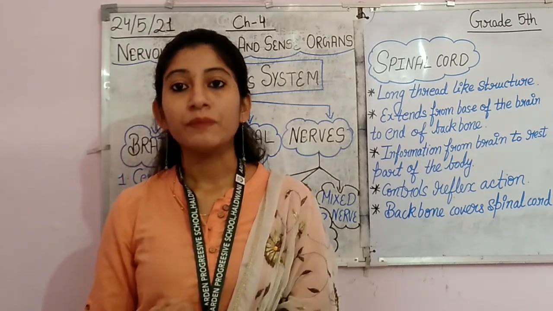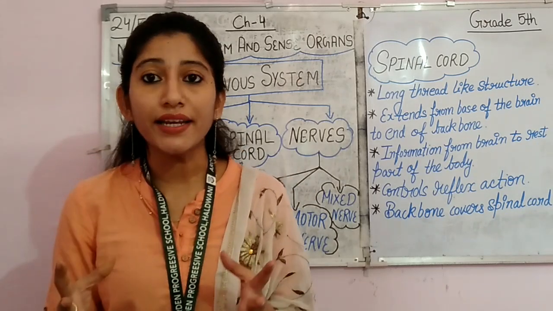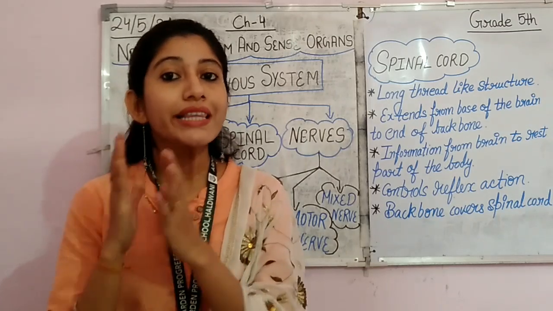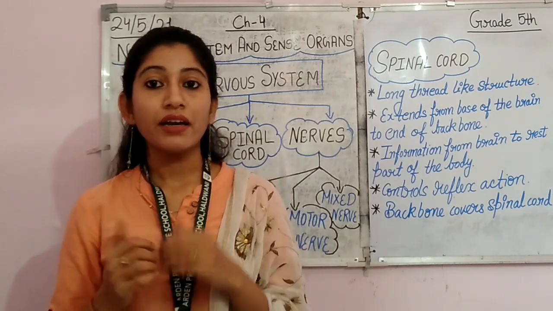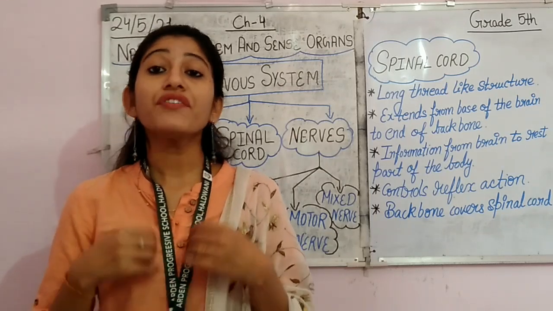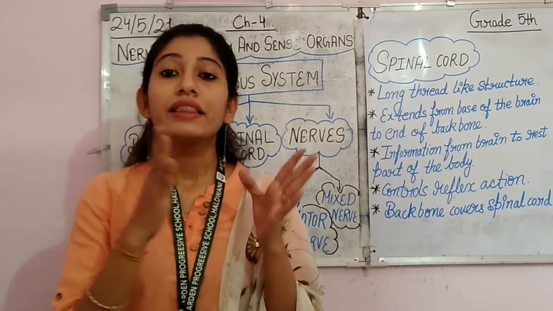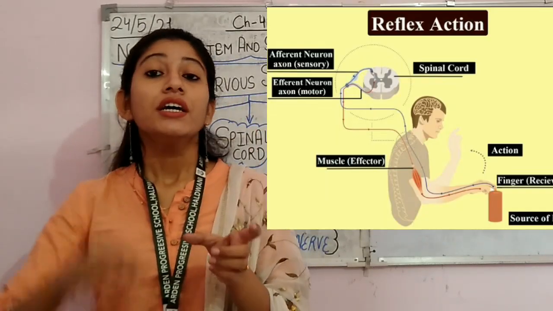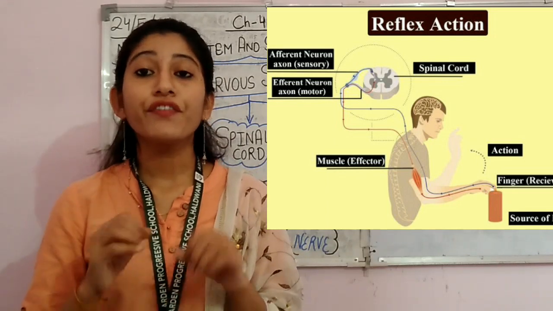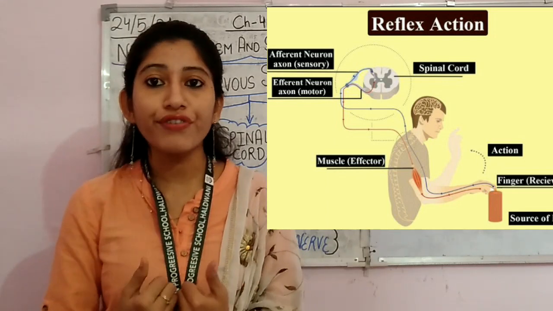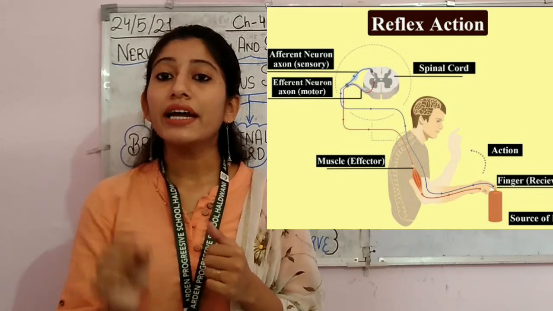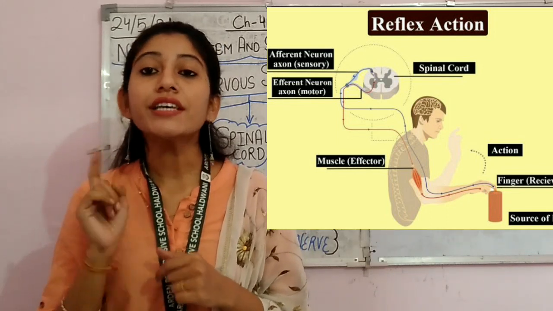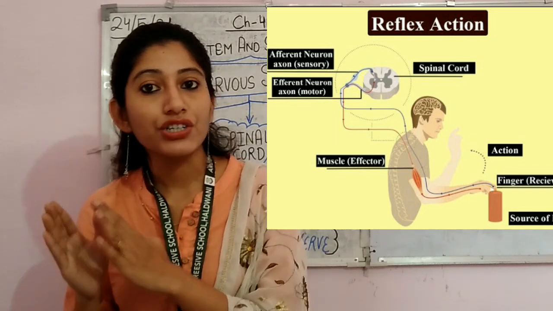This type of action which we take suddenly, a fast action without thinking, the actions that are taken by our body automatically without thinking, these actions are called the reflex action. The actions which we take automatically, suddenly, which are so fast that we do not get a second for thinking, right? Such types of actions are called the reflex action.